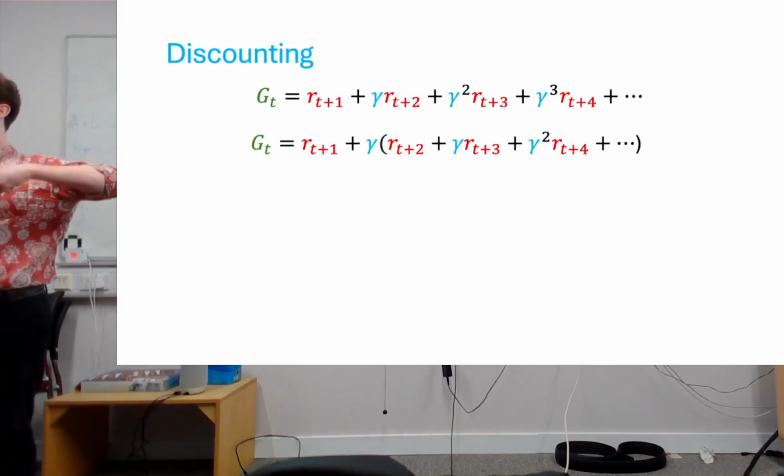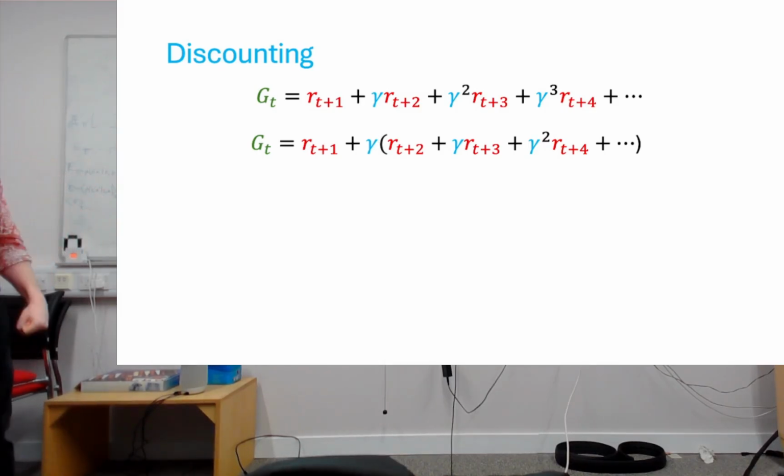So I can pull one discount factor out of all of those terms. But now look at what's left: R_{t+2} plus gamma R_{t+3} plus gamma squared R_{t+4}, and so on. This is just the return at time t+1, because if I take this equation and exchange t for t+1, I get precisely what's in these brackets.